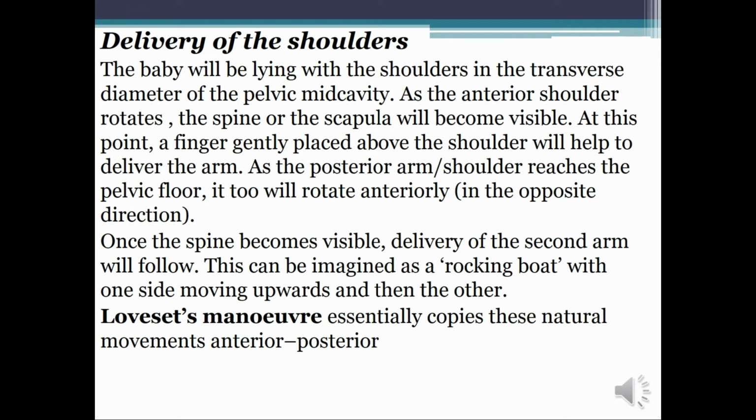Delivery of the shoulders. The baby will be lying with the shoulders in the transverse diameter of the pelvic mid-cavity. As the anterior shoulder rotates, the spine or the scapula will become visible. At this point, a finger gently placed above the shoulder will help to deliver the arm. As the posterior shoulder reaches the pelvic floor, it too will rotate anteriorly in the opposite direction.